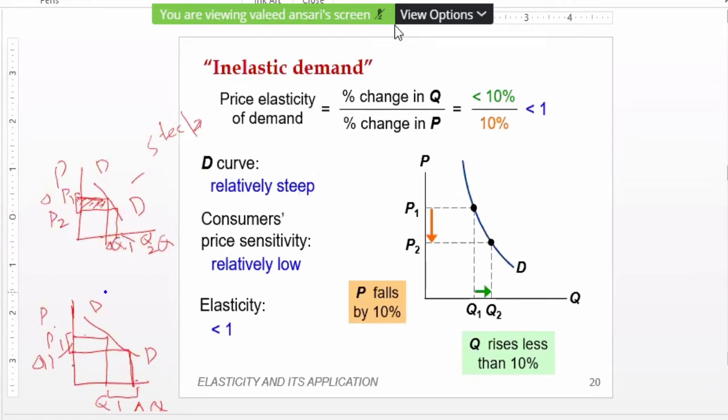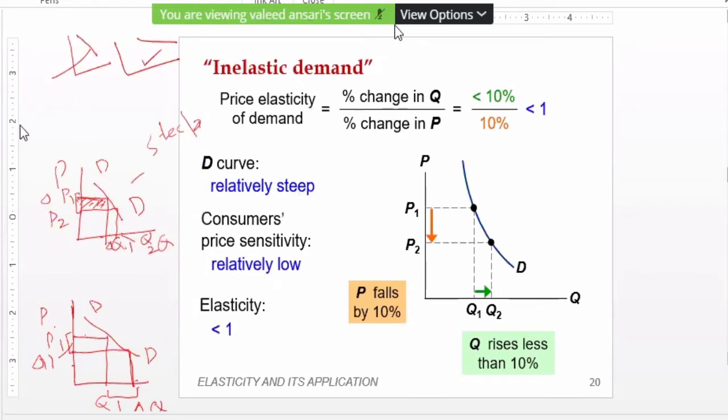That is why, if you are given two curves, the one that is steeper is less elastic and the flatter one is more elastic in comparison. This is just a matter of explanation.